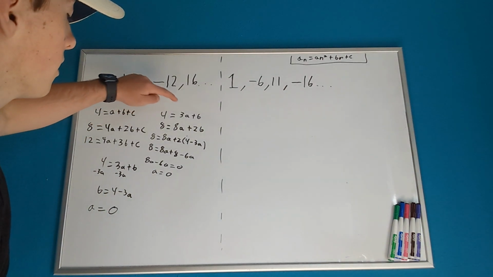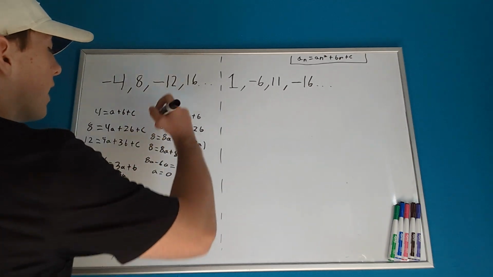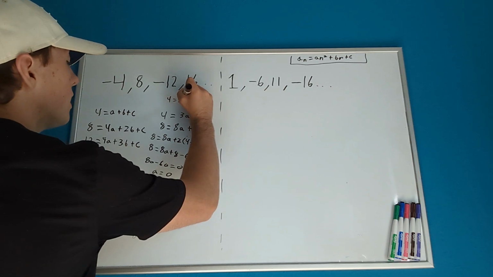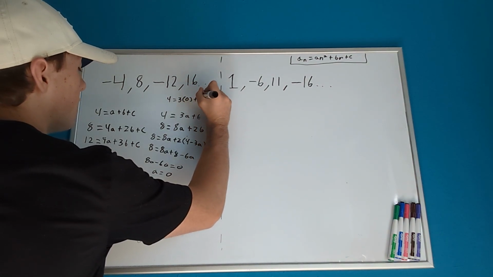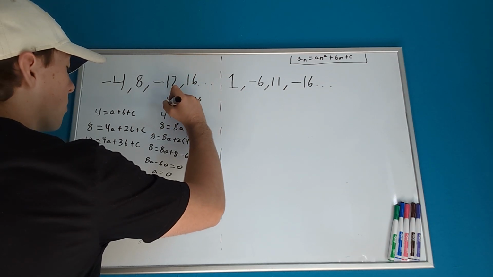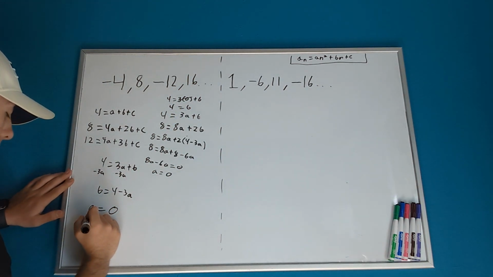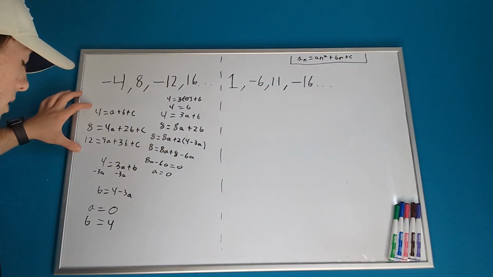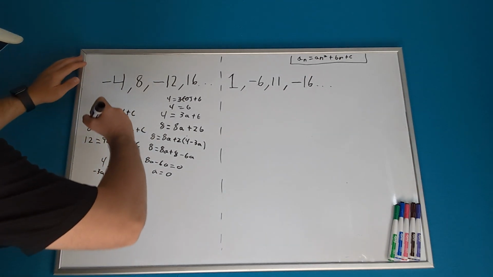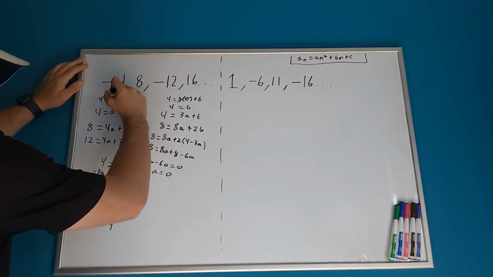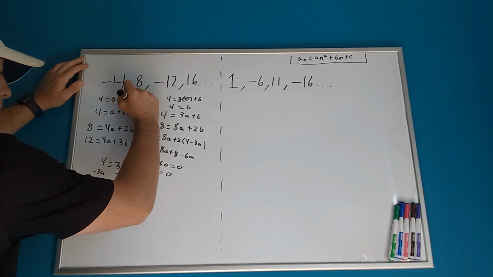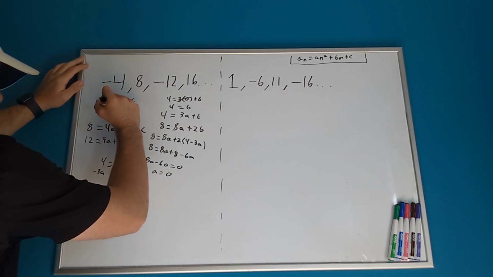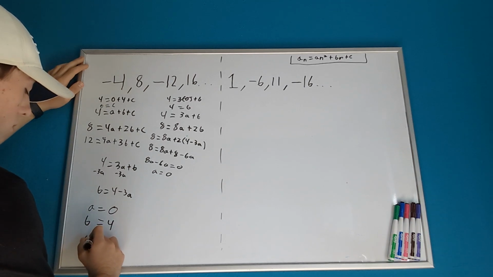Then let's go back up here and solve for b. If we have 4 equals 3 times 0 plus b, this cancels out and we get 4 equals b. So b equals 4. Then let's go back to our three-way system of equations and use this one because it's the simplest. We get 4 equals 0 plus 4 plus c. If we subtract 4 from both sides, we get 0 equals c, or c equals 0.